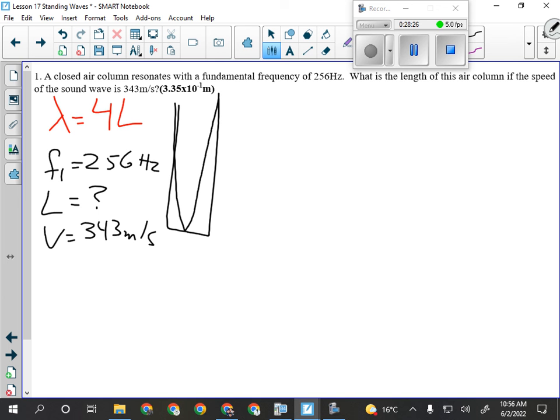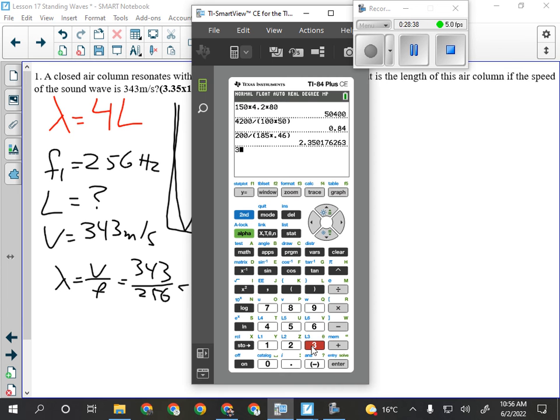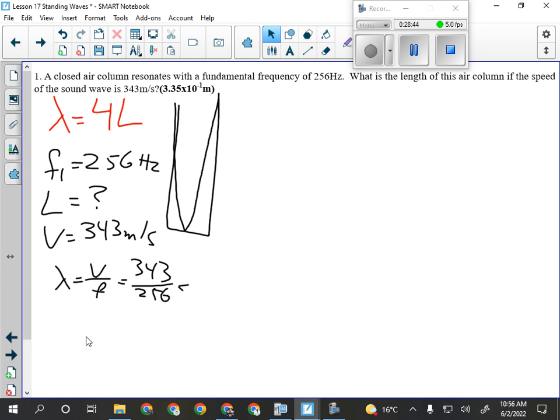All right, so I have V and I have F. What can I find with that? Wavelength. Okay, so wavelength equals V over F. 343 divided by 256. All right, so my wavelength's 1.34 meters.